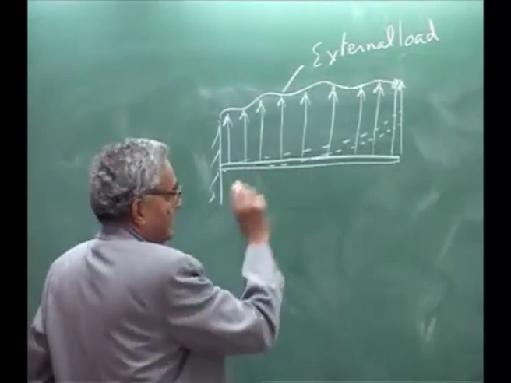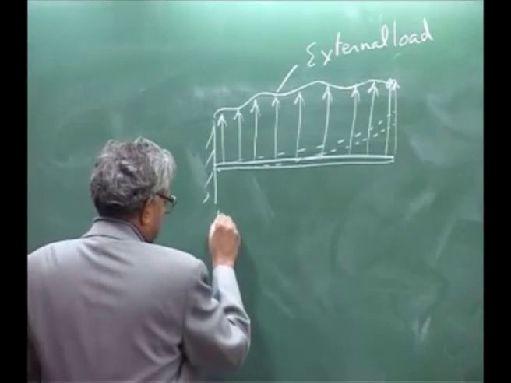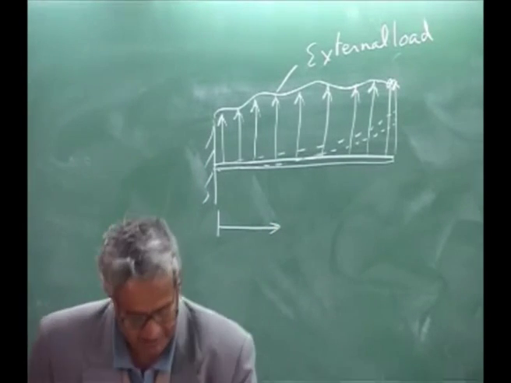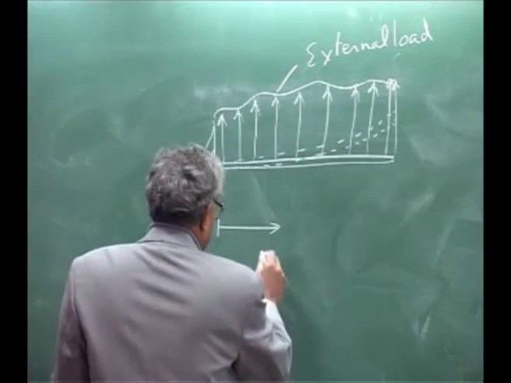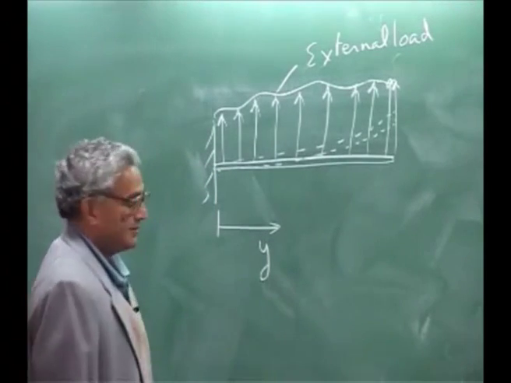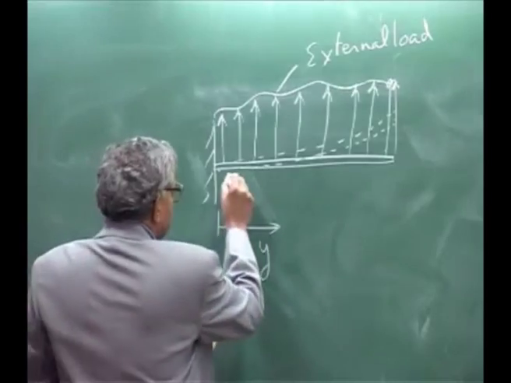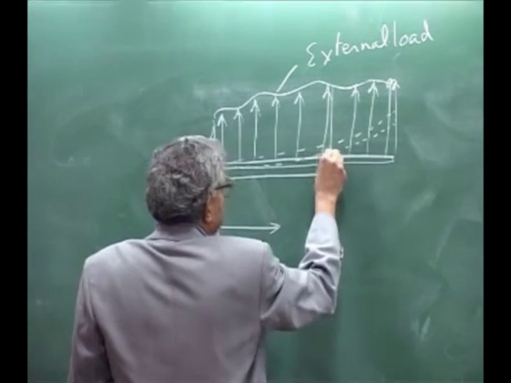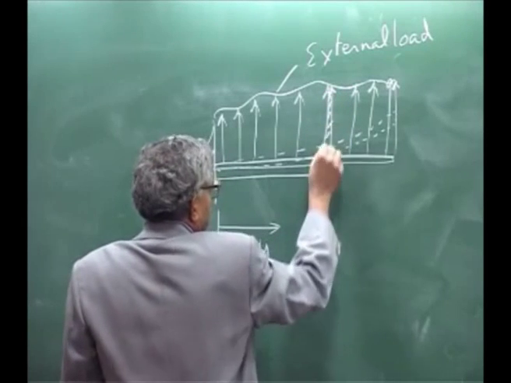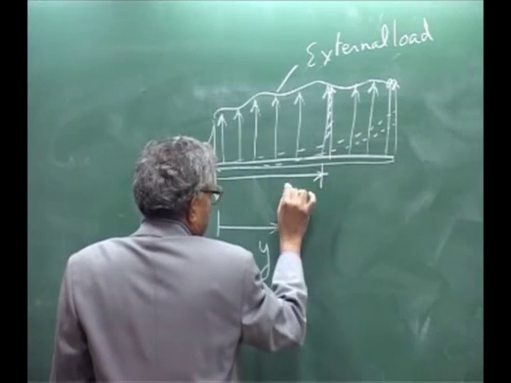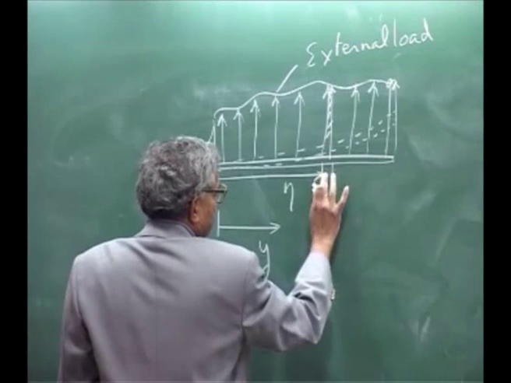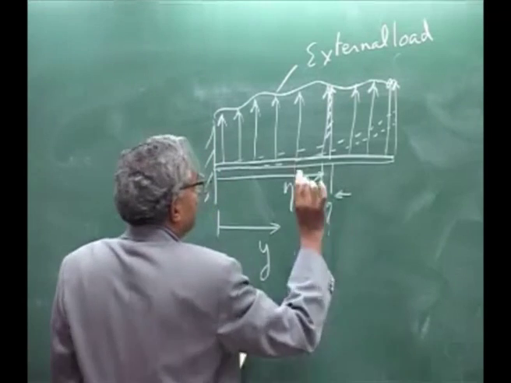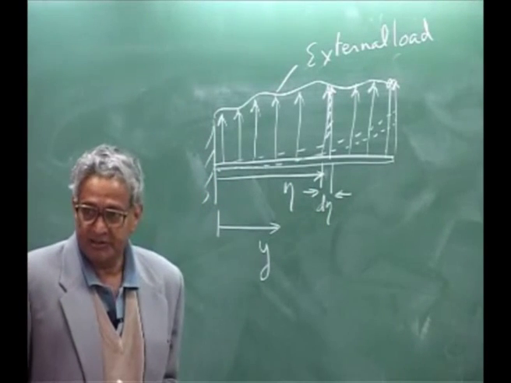And let us define the axis system. First let us say this is Y, okay. And I also use another notation which I call eta, and this is d eta, okay.